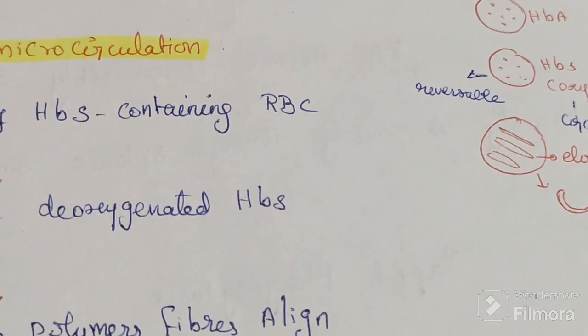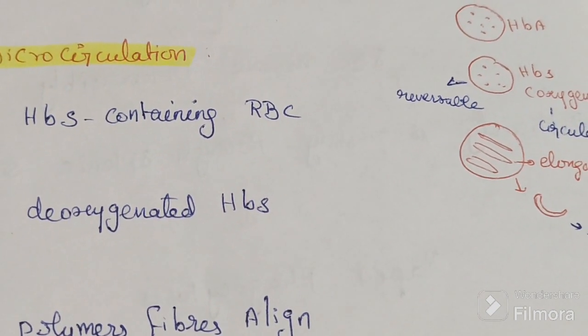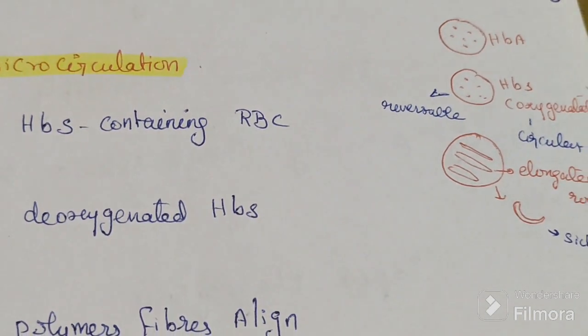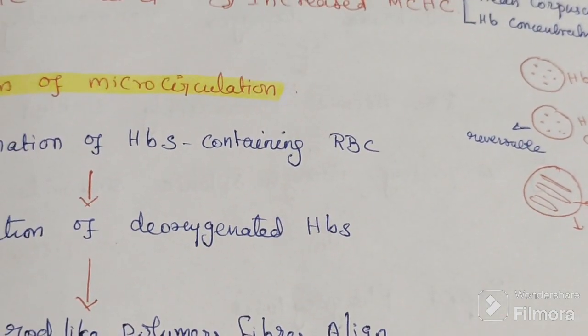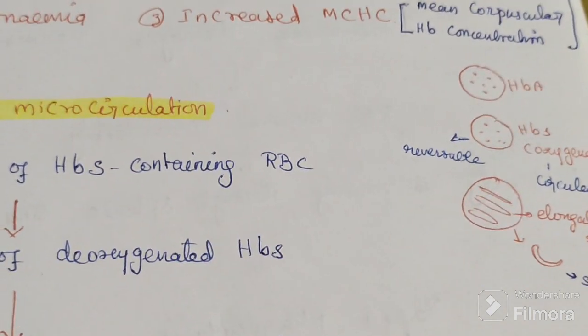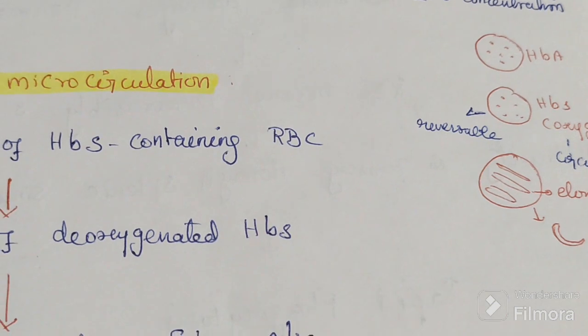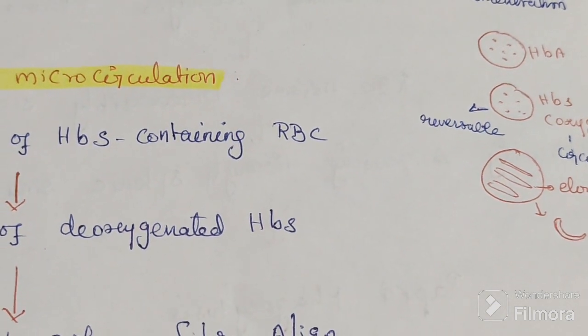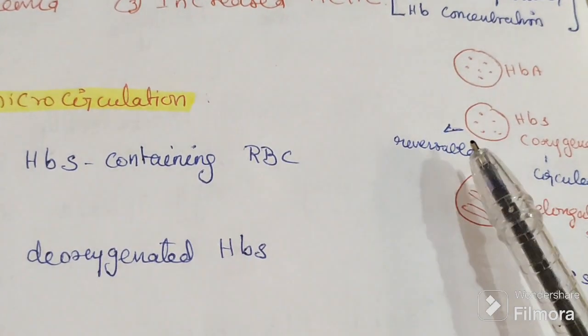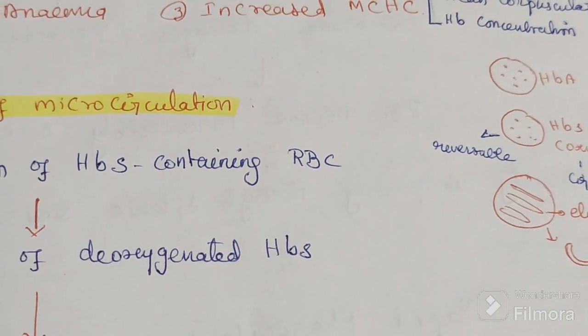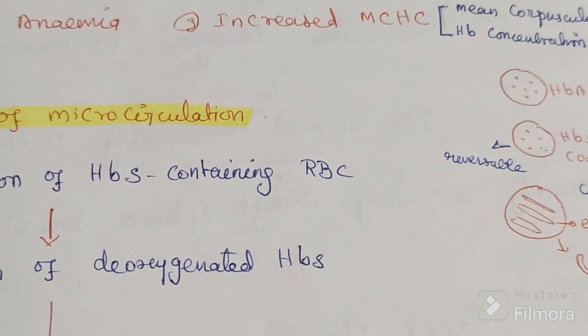That HbA is normal. HbA is always dispersed throughout that RBC. It is normally presented like this. This RBC is dispersed throughout, right?